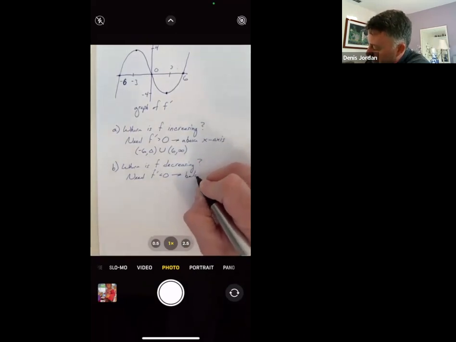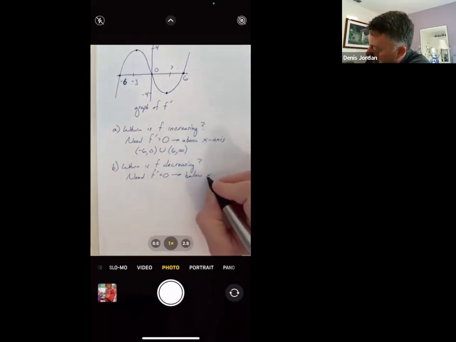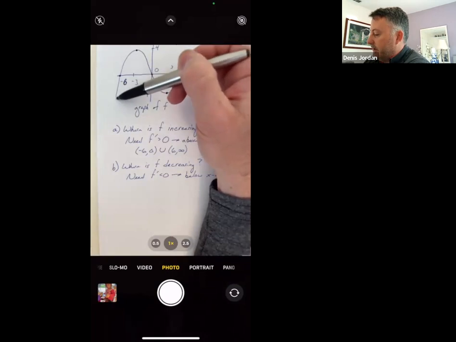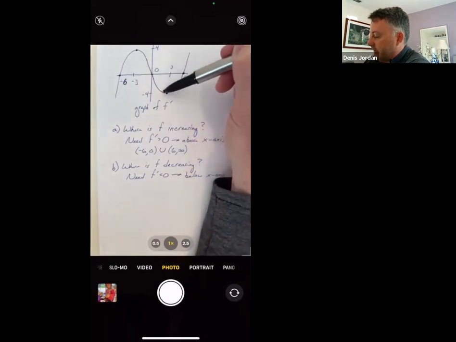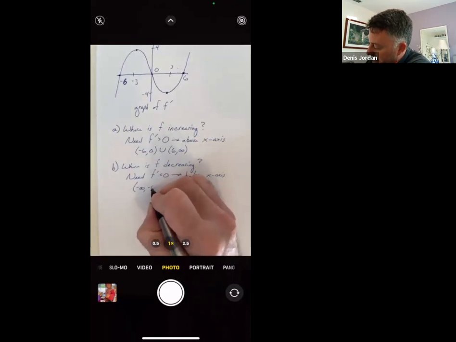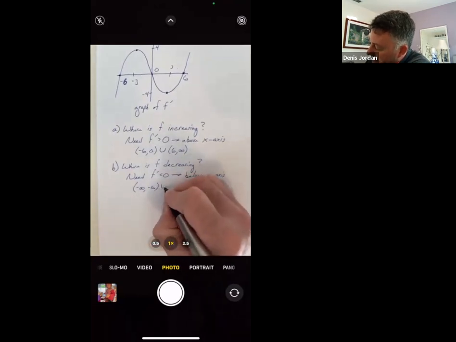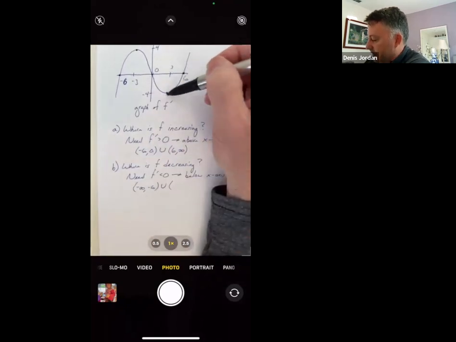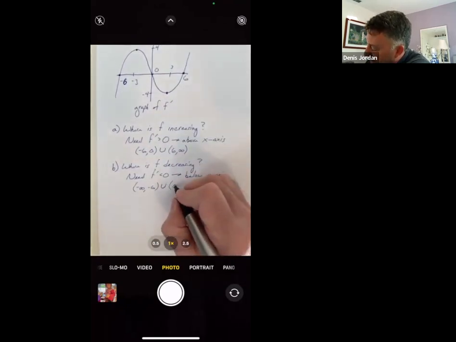So that's any section that's below your x-axis. So this first section here, and then this little valley part. So negative infinity to -6, union from 0 to 6.